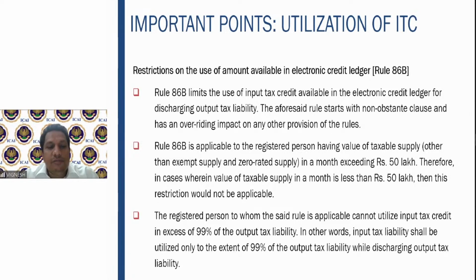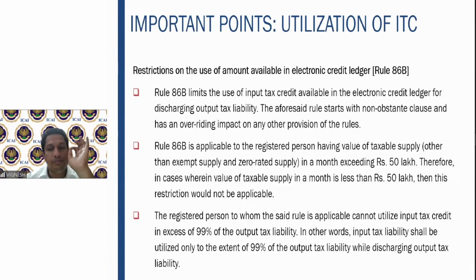So what is the restriction? For the registered person to whom it is applicable, for supply exceeding 50 lakhs, you cannot utilize the input tax credit in excess of 99% of the output tax liability. For example, the output tax liability is 20 lakhs.